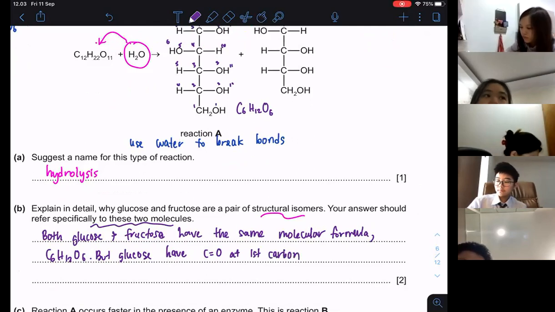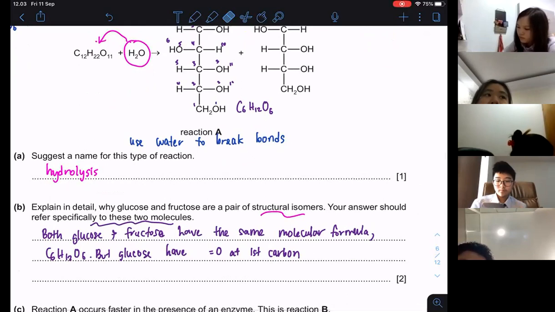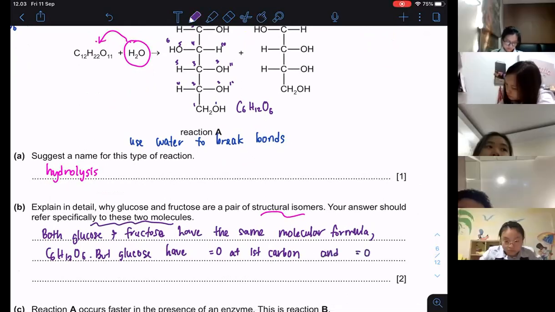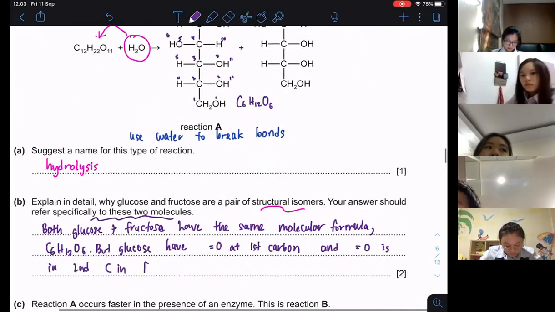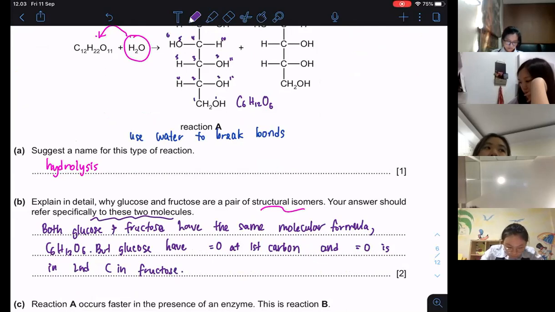Or you can say the double bond O is at the first carbon, and the double bond O is in the second carbon in fructose. That is going to be in fructose.